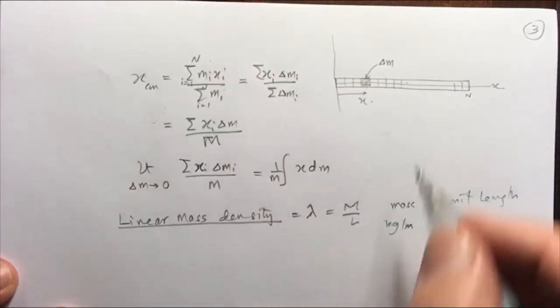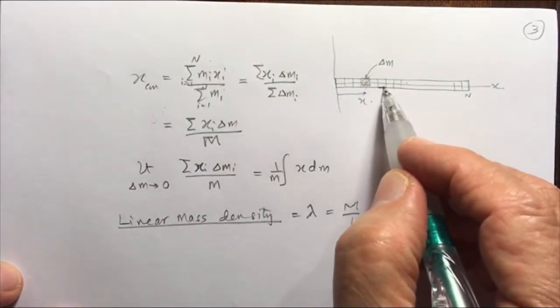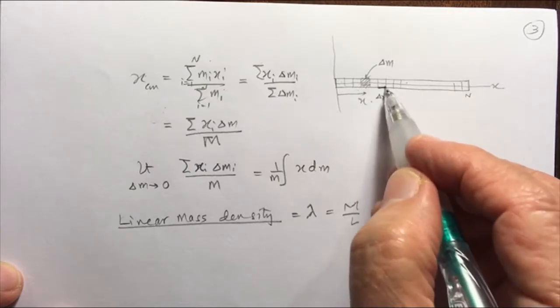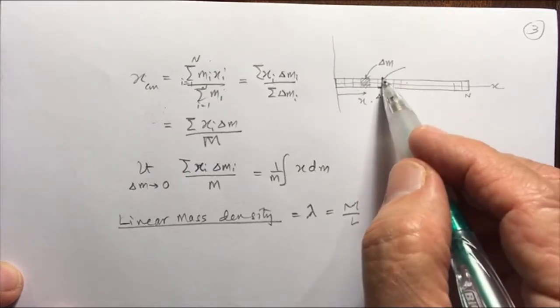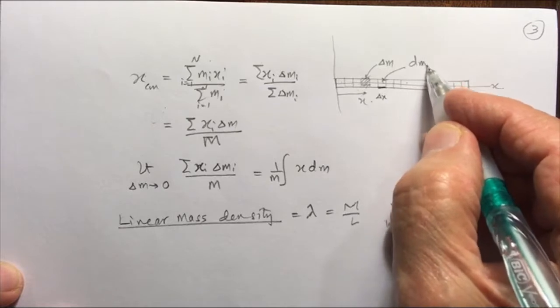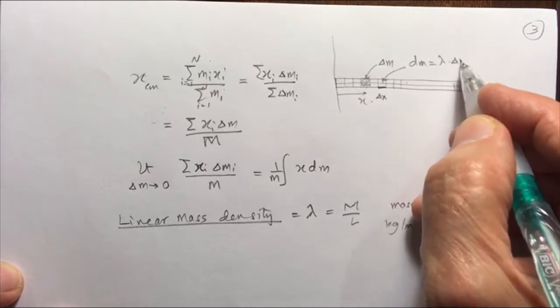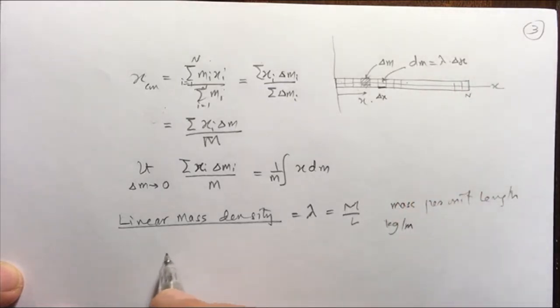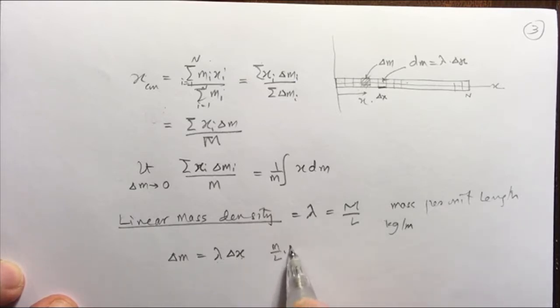And therefore, if this distance is delta x, then the delta m is going to be lambda times delta x, mass per unit length times the length, and that becomes just the mass in that little length.